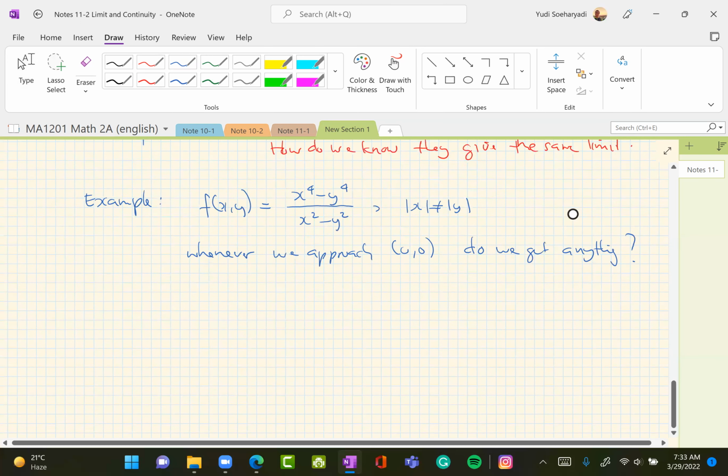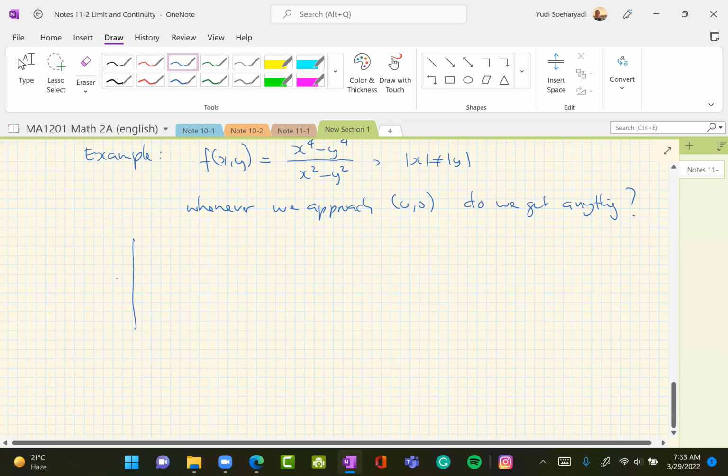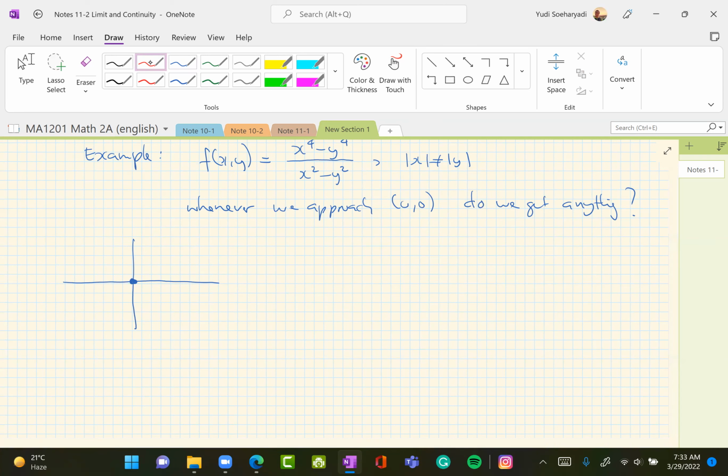All right, so let's see here. We are trying to approach this point, 0, 0. Coming in this direction, meaning y equals 0 and x is going there from positive.